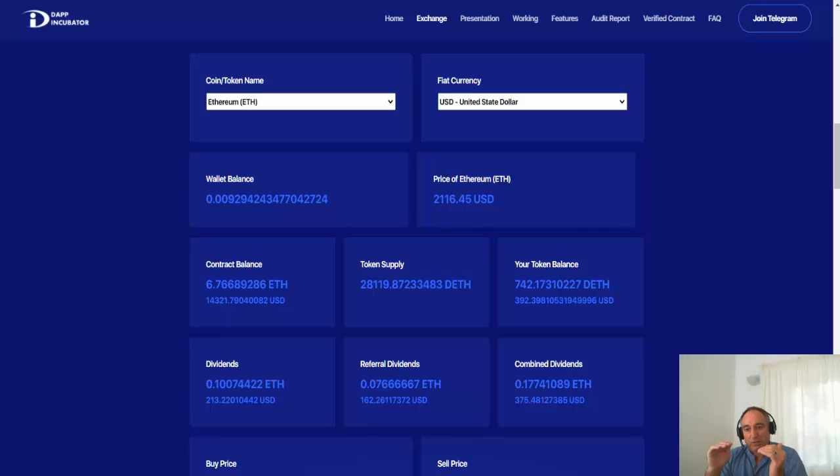Therefore, when his transaction goes through, because the DETH token's value or price has now gone up, the value of the tokens that I hold has gone up by the same percentage, or the same increment value. His tokens remain the same.